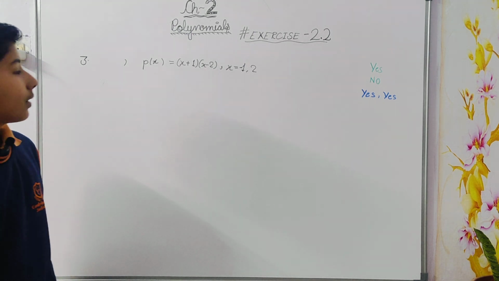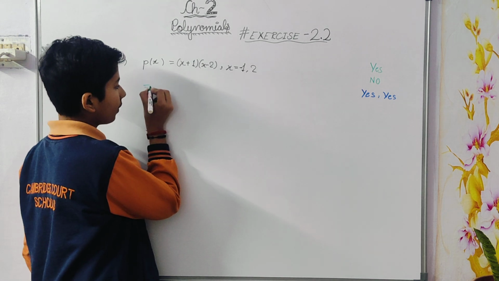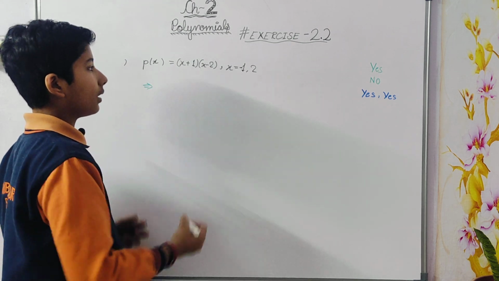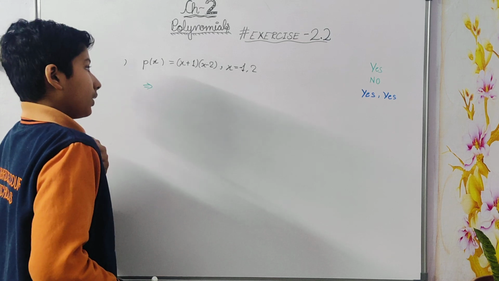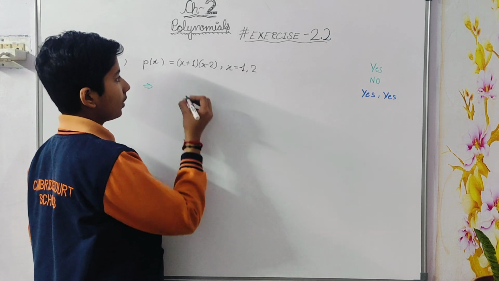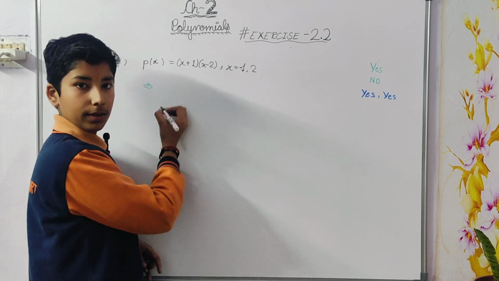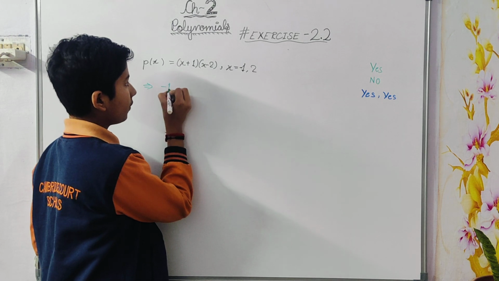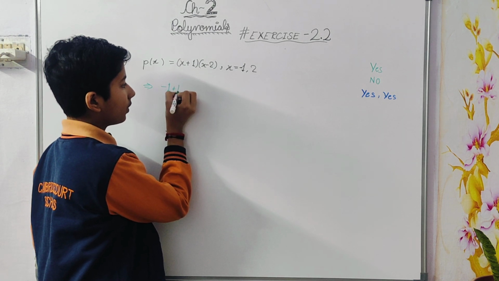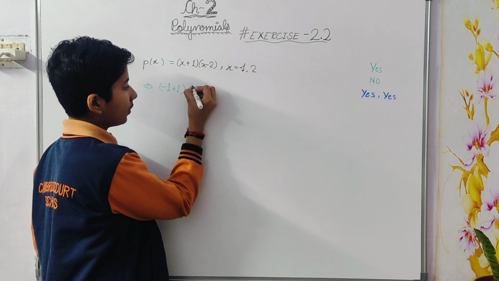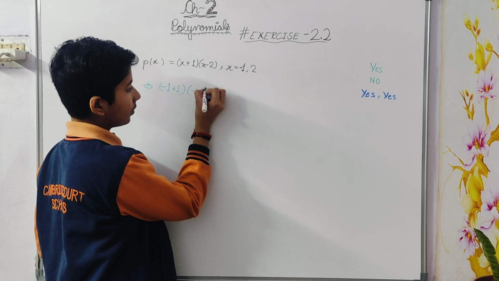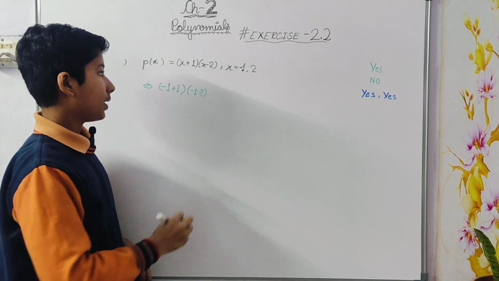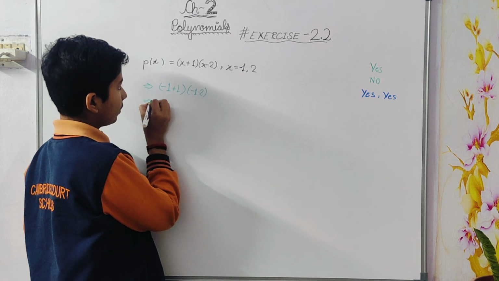What we have to find? Same thing. x plus 1 multiplied by x minus 2, and x is minus 1. So minus 1 plus 1 multiplied by minus 1 minus 2.